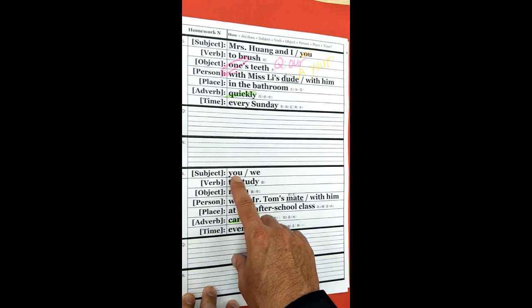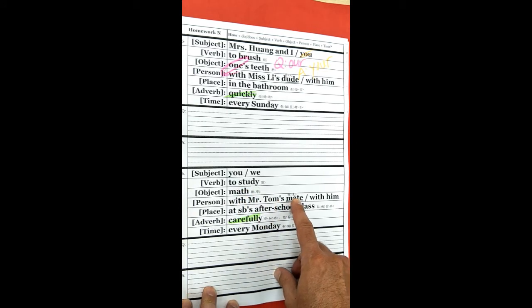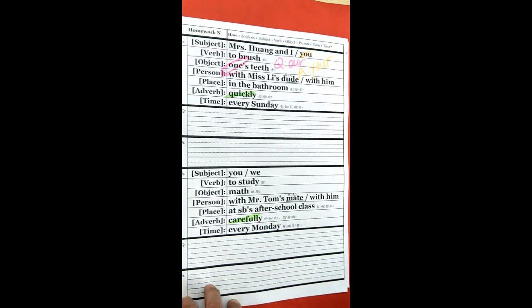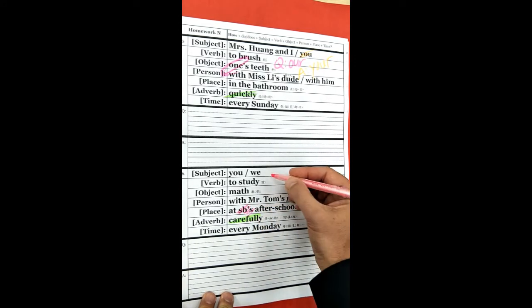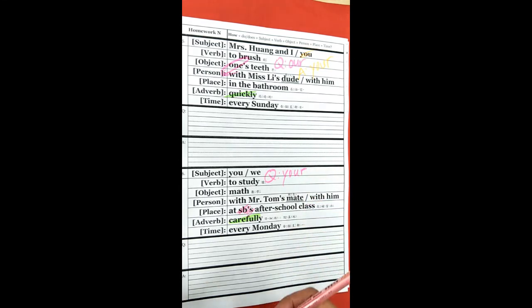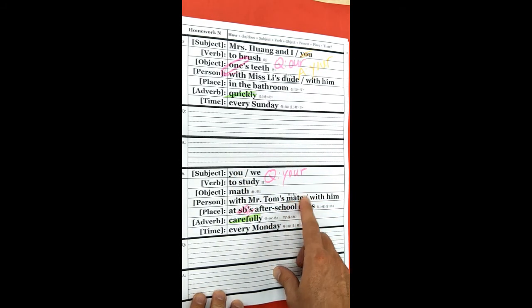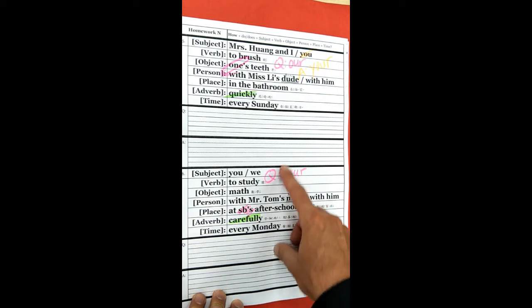Again, how do you study math with Mr. Tom's mate at your after-school class every Monday? So this is your, the Q, your, because it's you and Mr. Tom's mate. You and the mate is still both of you, says your.